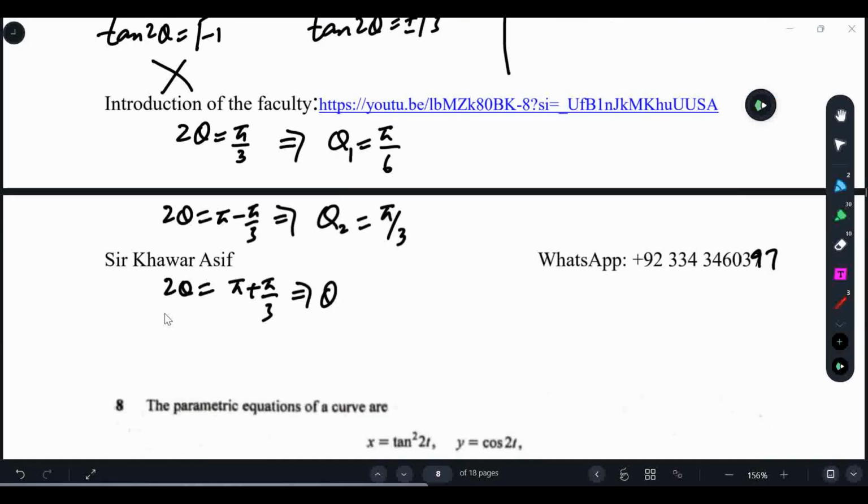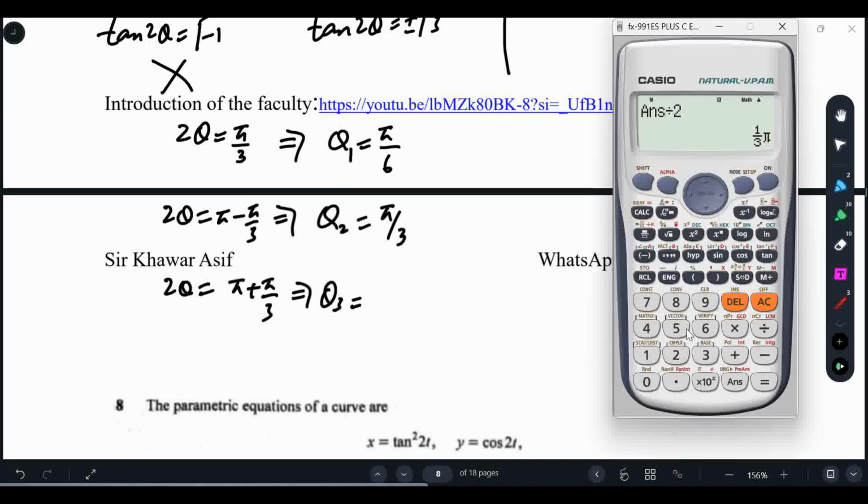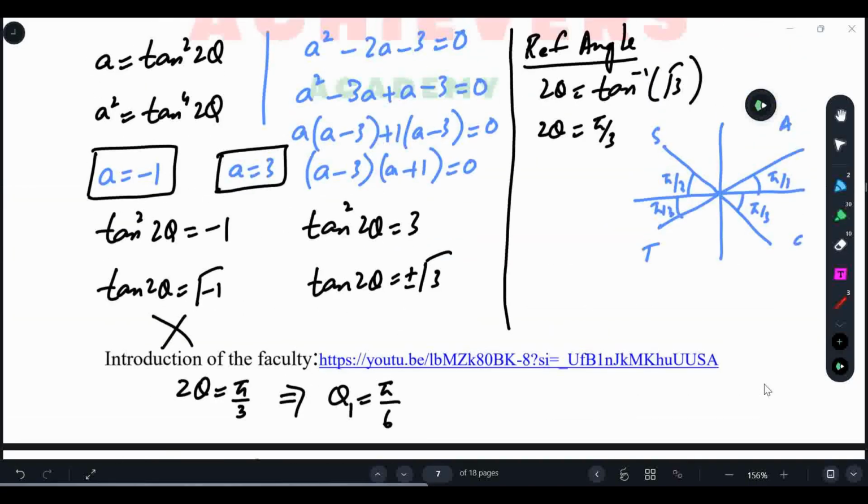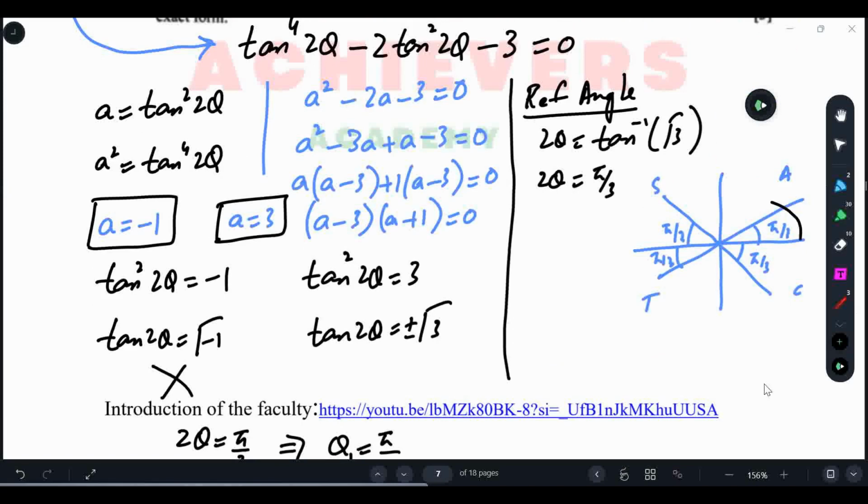Hence theta 3 will be equal to shift pi plus fraction pi by 3, divided by 2. So this will be equal to 2 by 3 pi. Now for the last one, from this line till this line, the angle will be 2 pi minus pi by 3.